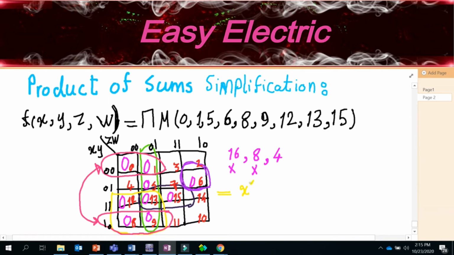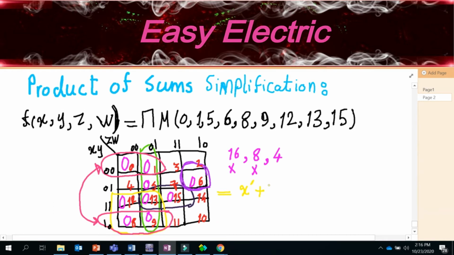x prime. Okay, so x prime, and the format is product of the sums. So that means I have x prime, and let's see what else I could have. Check the y here. The y is 0, 1 in this yellow group, so it's gone. Take the z. Z is 0, 0.